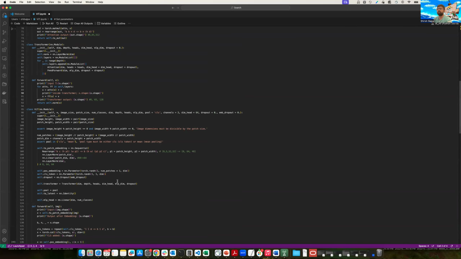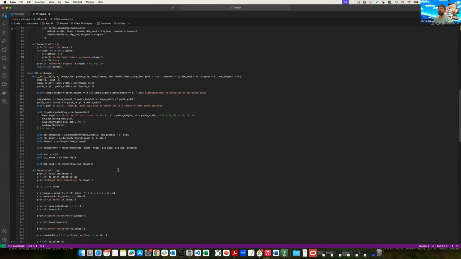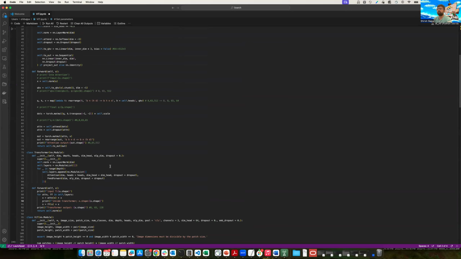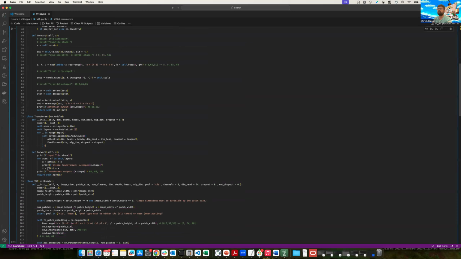Let's do one thing. So again, feed forward would be dimension cross MLP, and again the input we add here. So this input is 8 cross 65 cross 64.